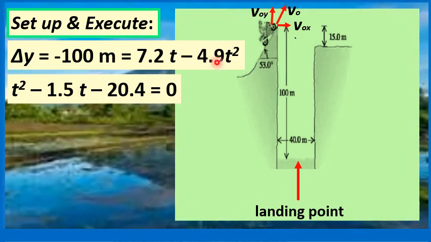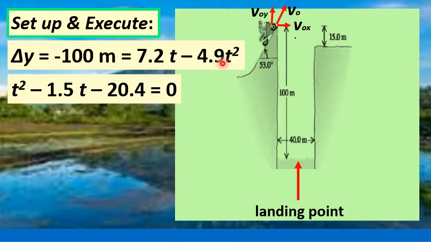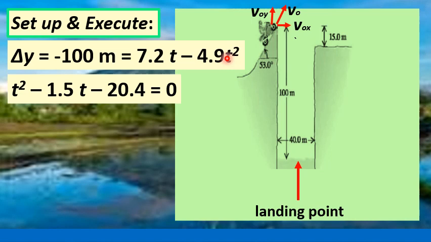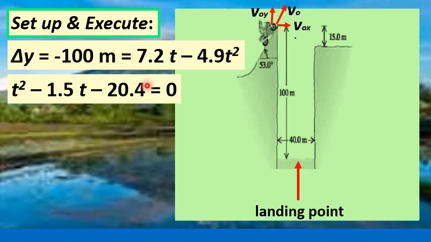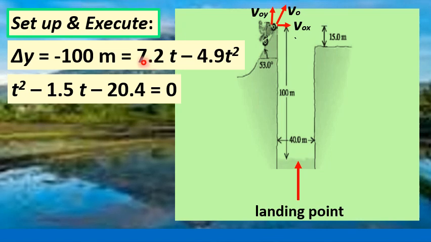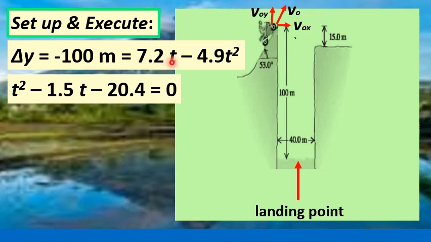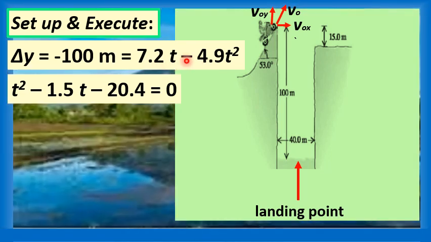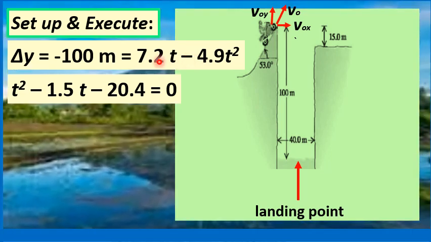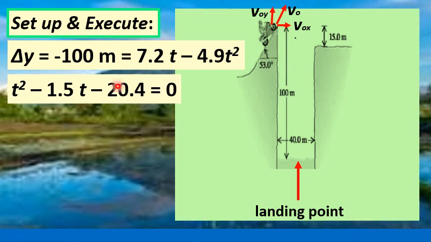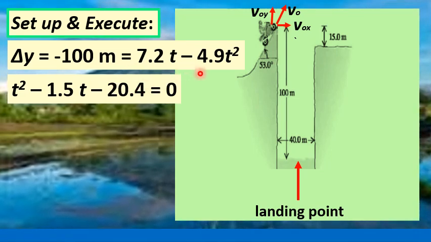We just transferred negative 4.9 t squared to the left side of the equation, and we did that also to 7.2 times t. So both of these terms are transferred to the left side, and then we divide the whole thing by 4.9.